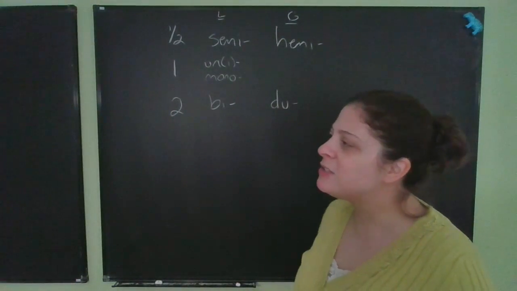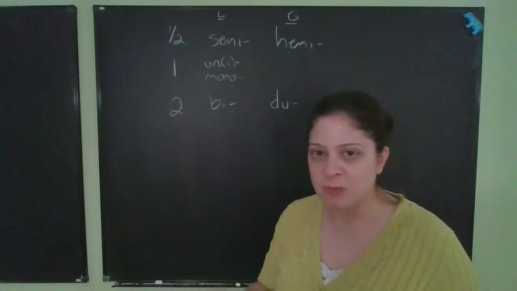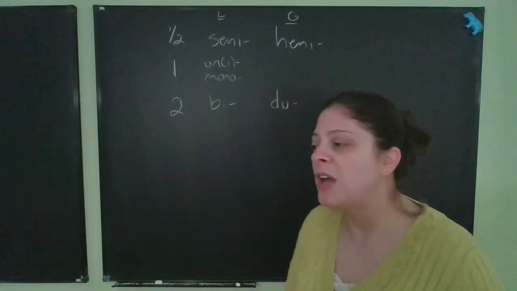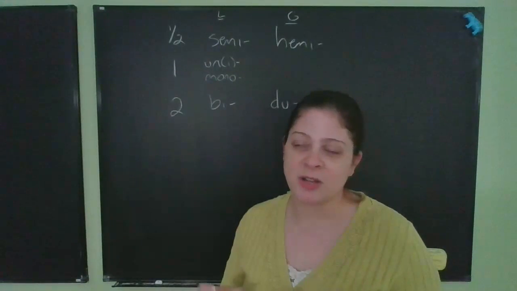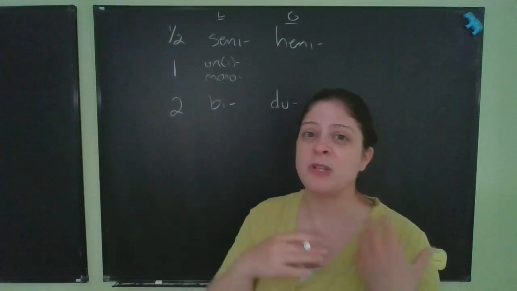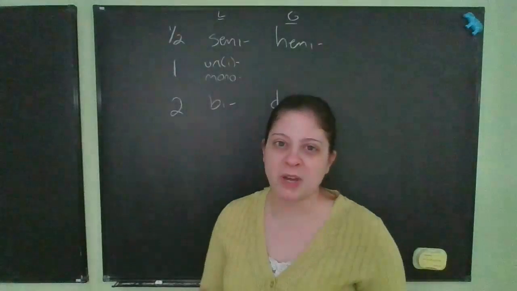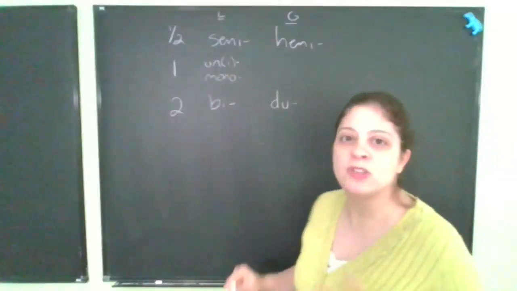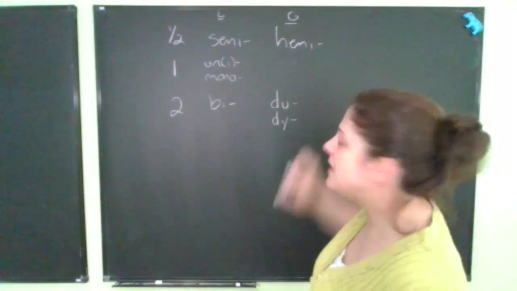Now, I don't have this on the list, but it's something you definitely should be aware of. We have talked about, when we looked at ancient Greek itself, how we transliterate ancient Greek words into English. And by that we mean the Greek words have their own alphabet, and we have to switch from the Greek alphabet to the English alphabet. And usually it's pretty straightforward, but sometimes there is more than one possibility. And so that's true of this one letter, upsilon. Sometimes you get a du, sometimes you get a dy.